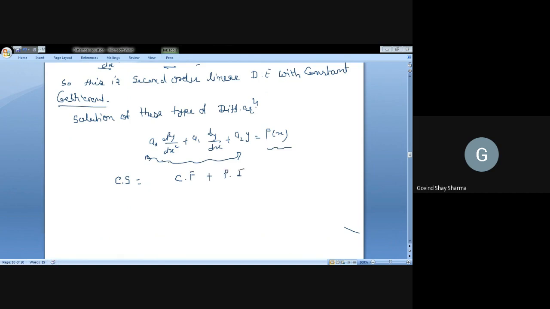This part provides us the CF and this part provides the PI, meaning complementary function plus particular integral.